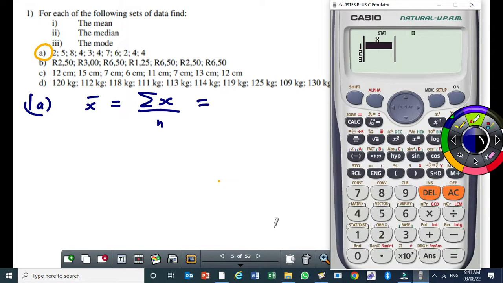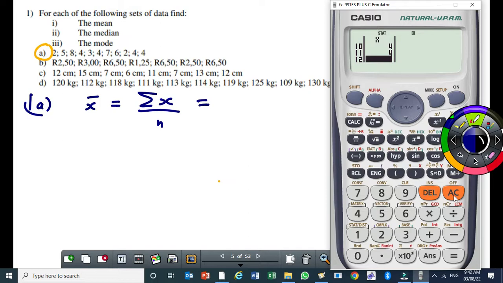In this case, we have 2, 5, 8, 4, 3, 4, 7, 6, 2, 4, and another 4. And then you must press AC.